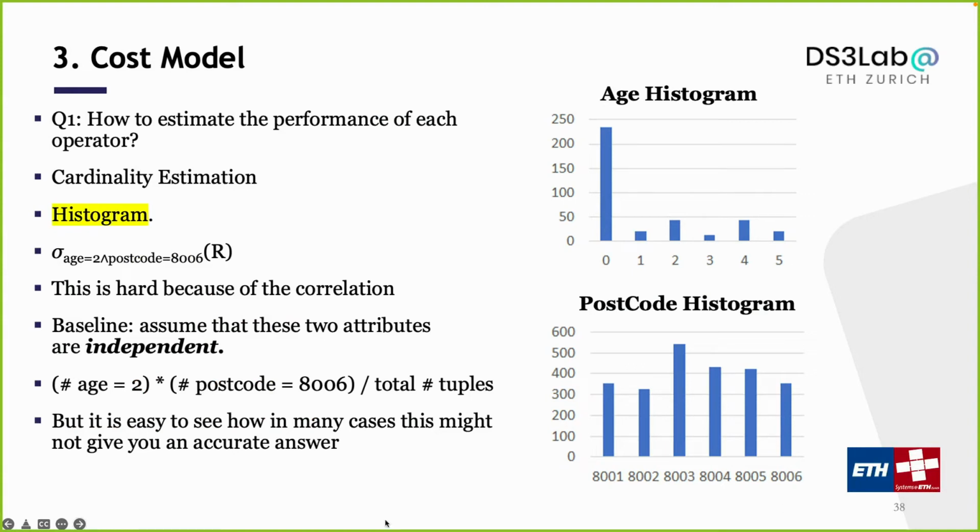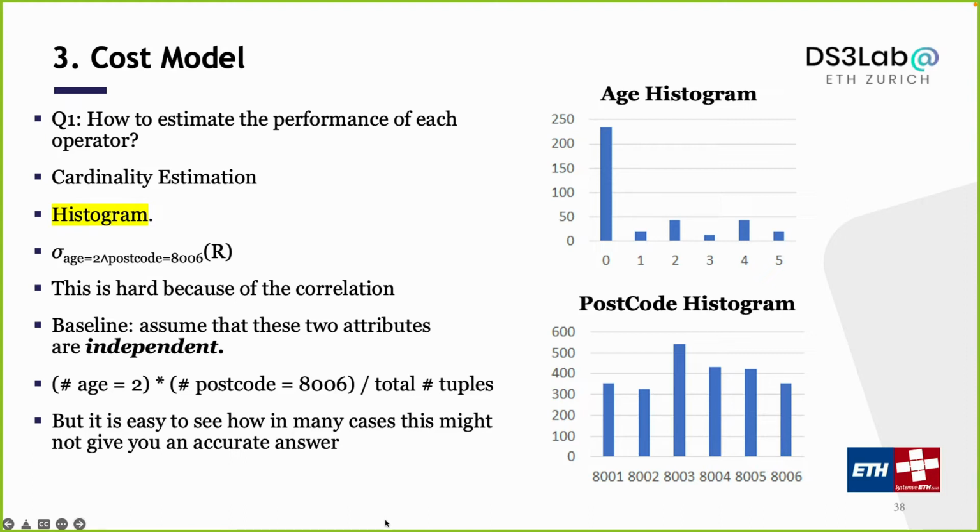As you can see, if you know which relation you want to estimate cardinality for, and you know a single attribute, that's relatively easy. You can get a pretty good estimation by just building a single histogram for that attribute, and you can keep reusing it. Why is the whole thing hard?